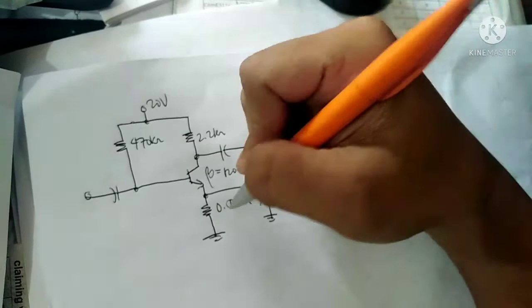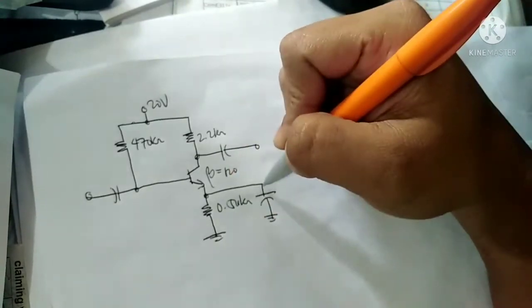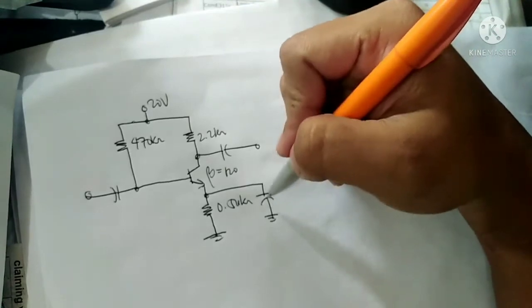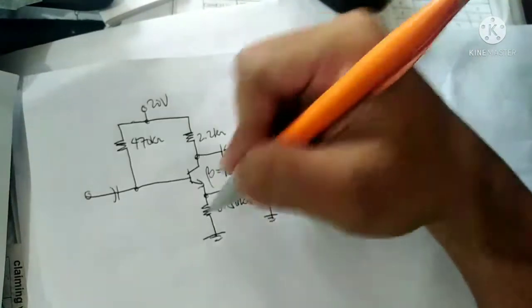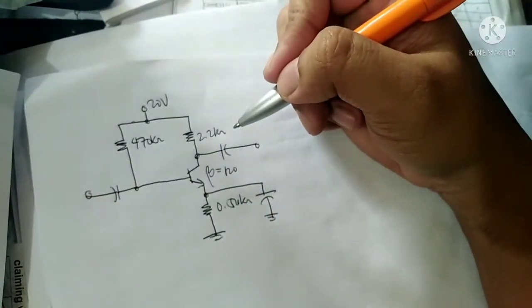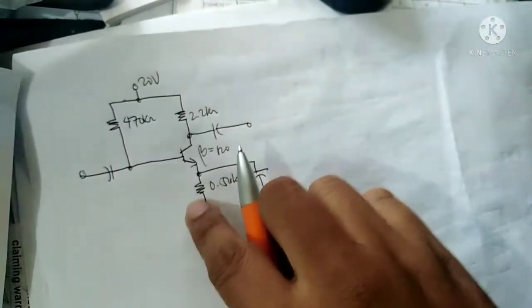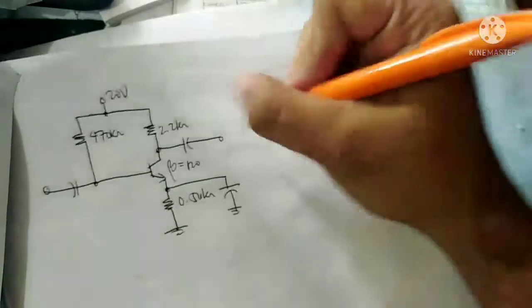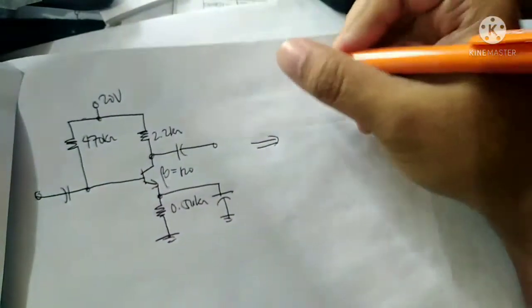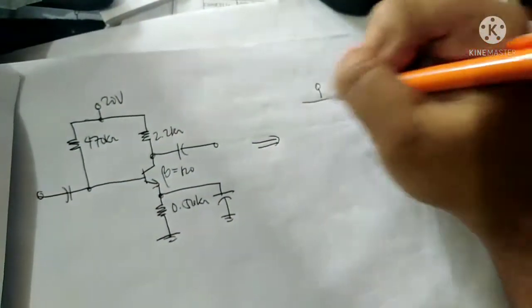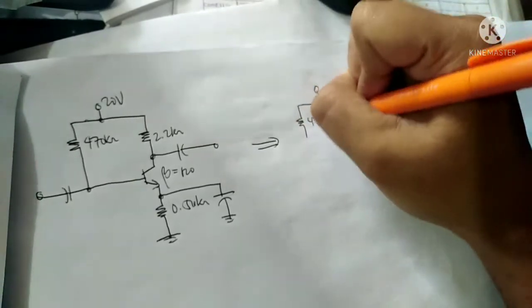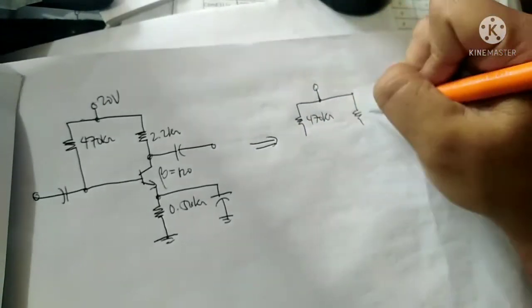So what do you think will happen to 0.56 if this capacitor will be shorted? If you short this one, this capacitor will be neglected, no? So it will be gone. It will be equal to a fixed bias.